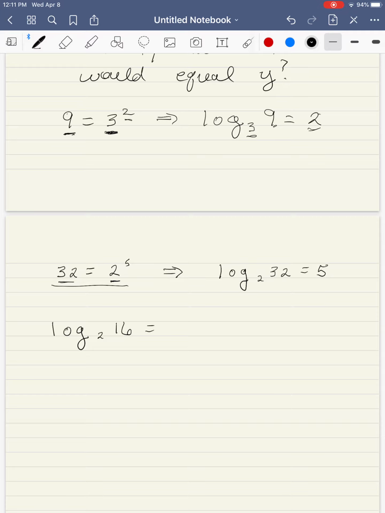What we're doing here is we're actually evaluating and finding what power, what exponent on 2 equals 16. And you can just repeatedly multiply 2 times itself until you get to 16 and see how many times you multiplied. Go ahead and do that and write your answer.